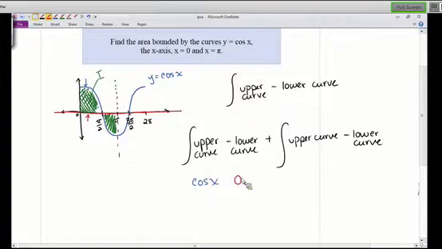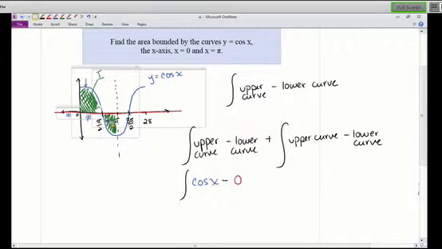Therefore, our lower curve is going to be 0, y is equal to 0. Now notice in the first shaded region, we're looking for the area that's bounded from 0 to pi over 2. So that's what we will be evaluating our integral at, 0 and pi over 2. Any questions so far?